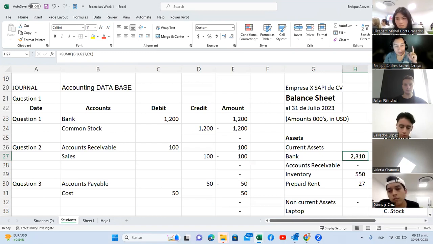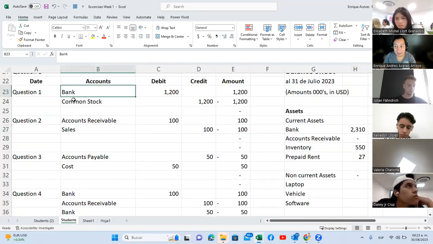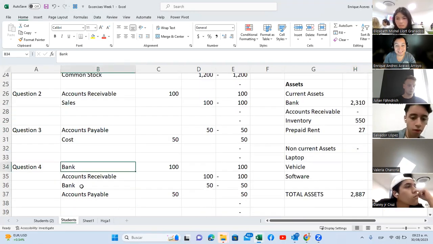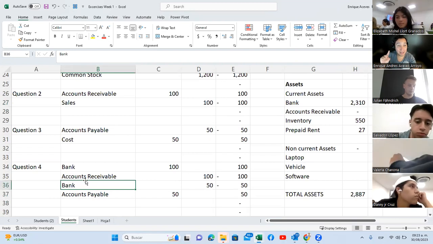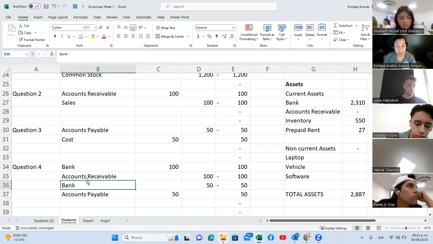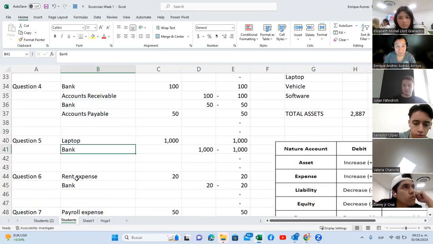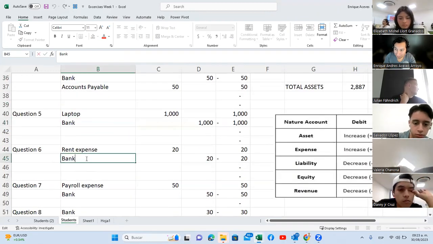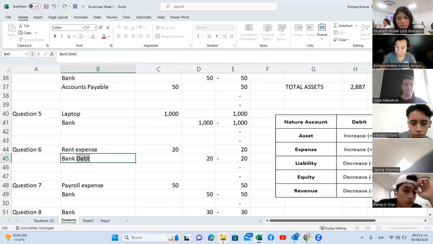The first thing that you have to do is check if the accounts are named the same way in all your accounting registers. If you're not using the same account name, if it has an extra space, that's not the same name.